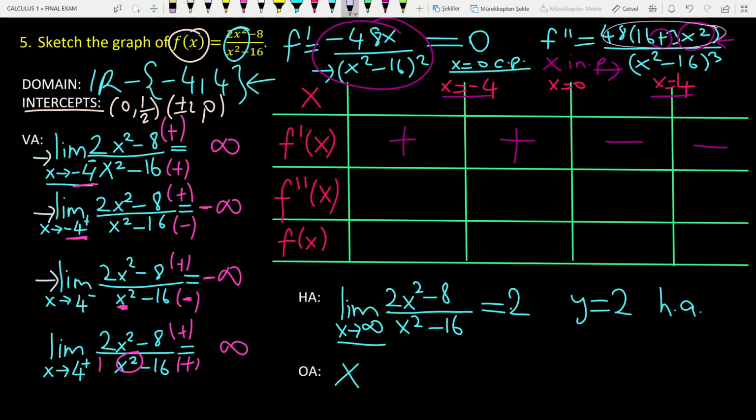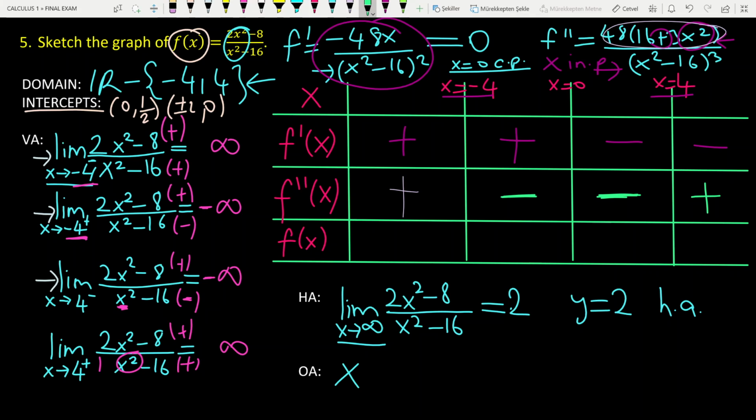From minus infinity to minus 4, the sign is positive. From minus 4 to 0, the sign of f double prime is negative. From 0 to 4, the sign is still negative. Okay, look at this, the given expression above. And from 4 to infinity, the sign of f double prime is positive.